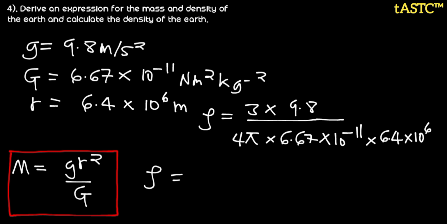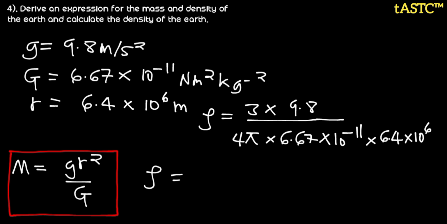So that is 3 multiplied by 9.8, divided by 4 pi multiplied by 6.67 multiplied by 10 raised to the power of negative 11, multiplied by 6.4 multiplied by 10 to the power of 6.